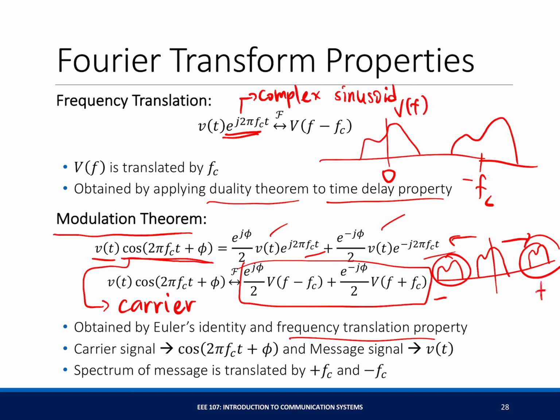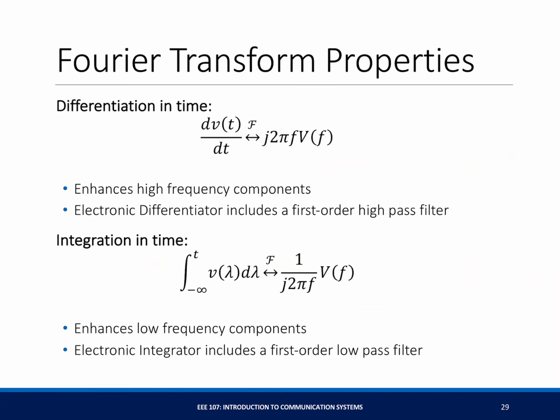You have a negative side and a positive side of your spectrum. And this will be important when we're going to talk about up conversion and down conversion of signals. So your spectrum is translated by plus Fc and minus Fc respectively, where Fc is the frequency of your cosine function. And this is an important property for your communication signals.